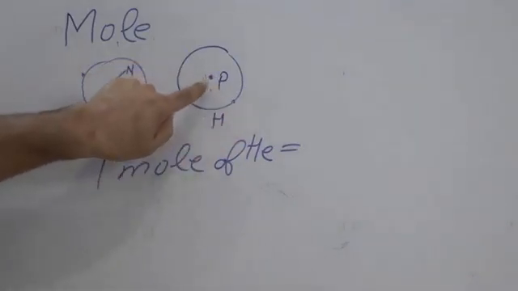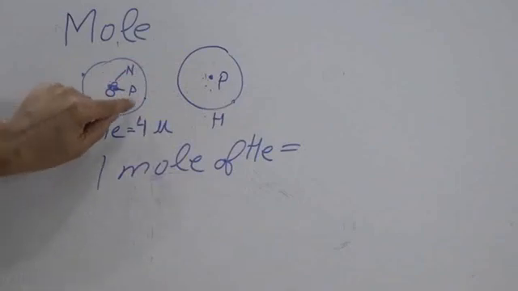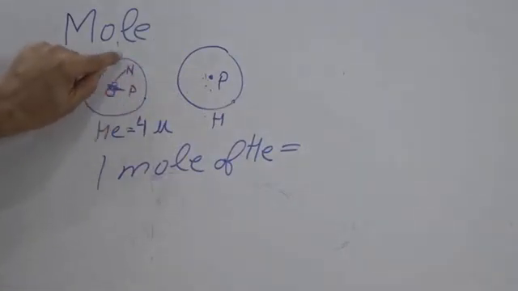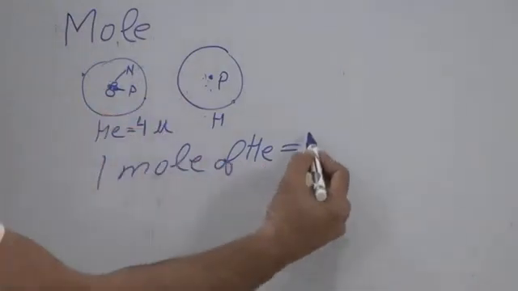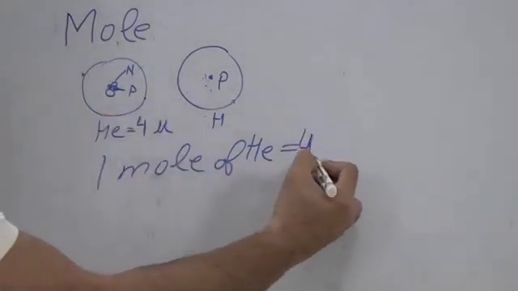The number remaining the same, the same number of He atoms would weigh 4 times that. That means 4 gram.